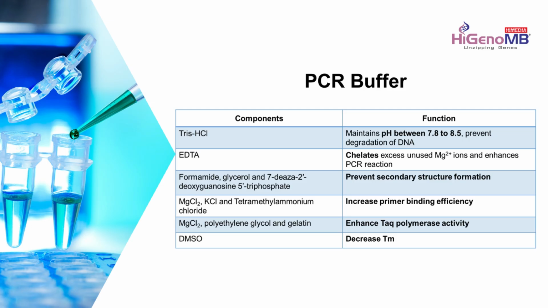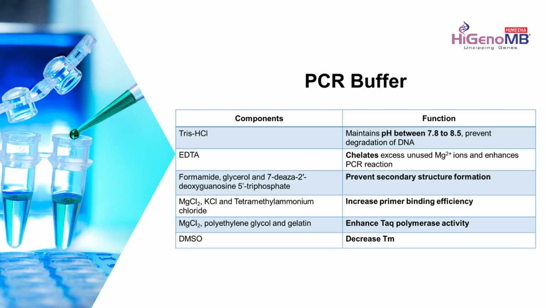Because I told in the previous slide that magnesium is a cofactor that is required for polymerase activity. As you all know, EDTA is a metal chelator, meaning it will quench the metal ions. So if magnesium is required for the reaction and you are adding EDTA, which is a metal chelator, how is it going to help the process?